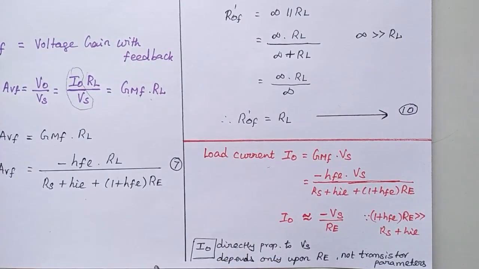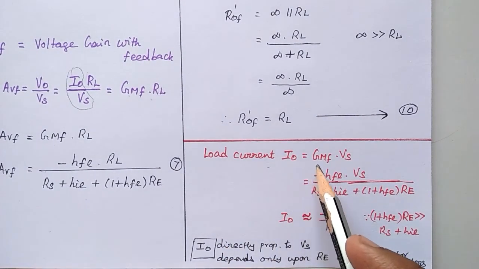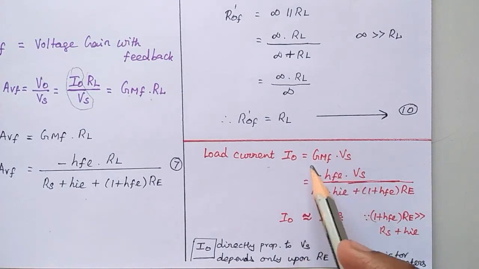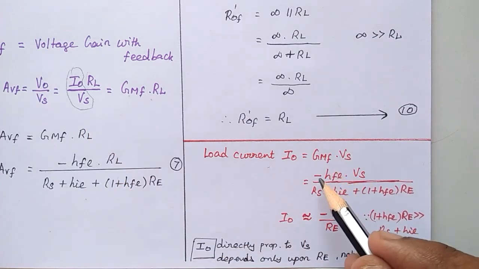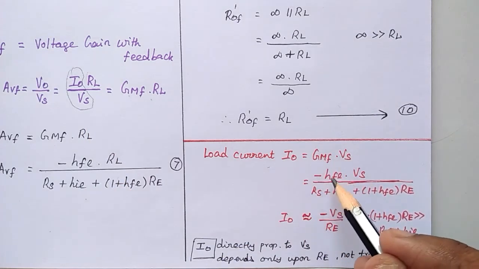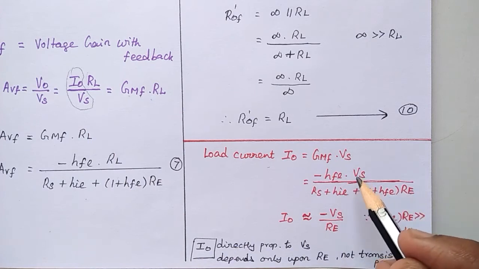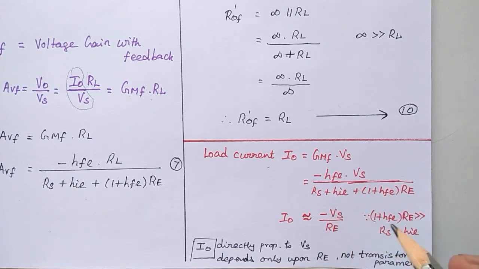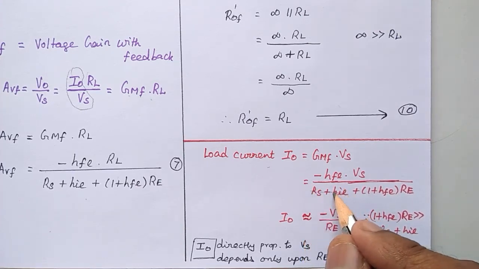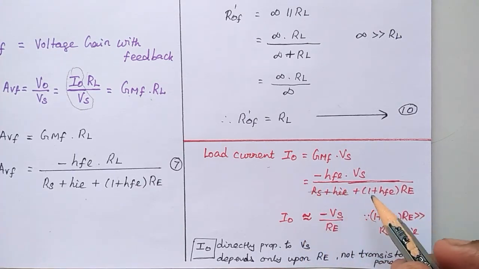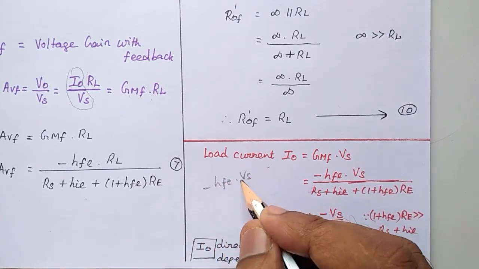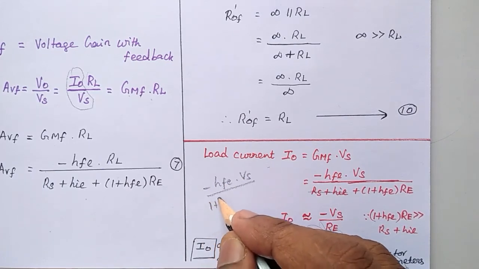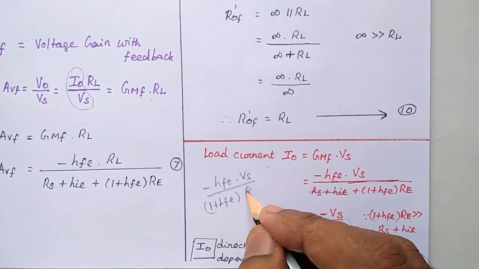One more thing I have to discuss here. The load current I naught is equal to GMF into Vs. This is the expression we discussed here. So we replace GMF by minus HFE by something by RE into Vs. What happens is 1 plus HFE RE is very much greater compared to this one. Hence this term gets cancelled. Okay. Then we have this expression minus HFE into Vs by 1 plus HFE into RE.